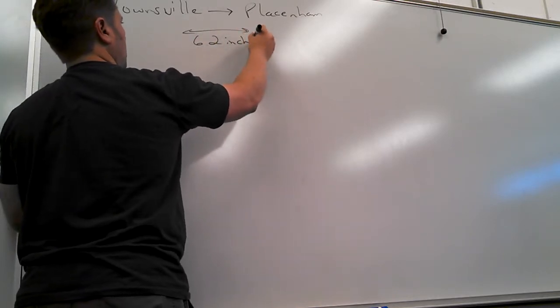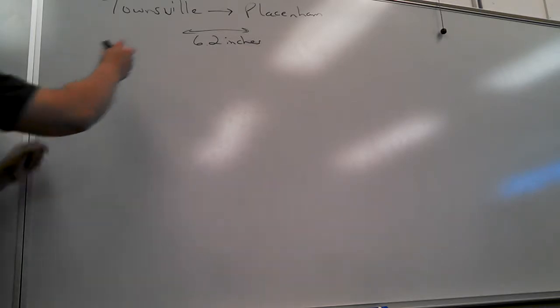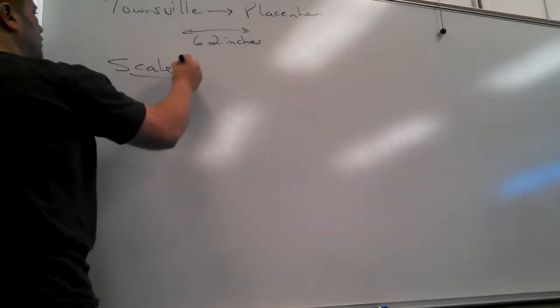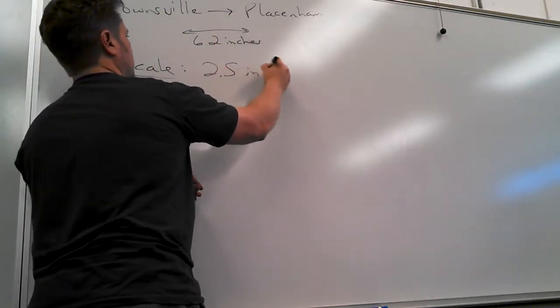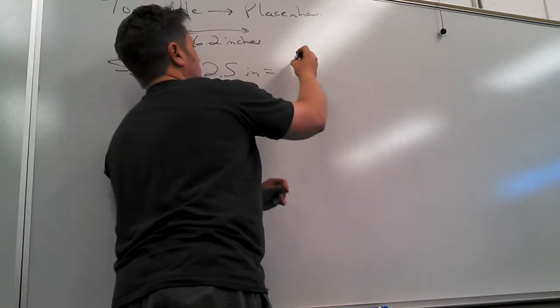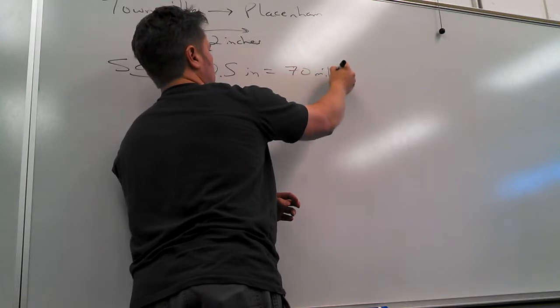You with me? I look at my map. 6.2 inches. I'm like, oh, right, this will be quick. The scale says every 2.5 inches represents, oh, what you got, Jeff? 70 miles.